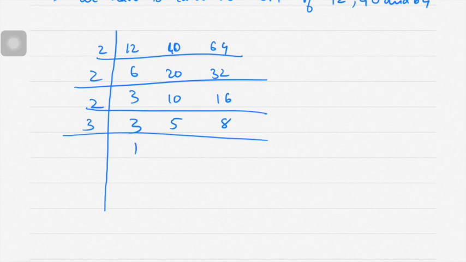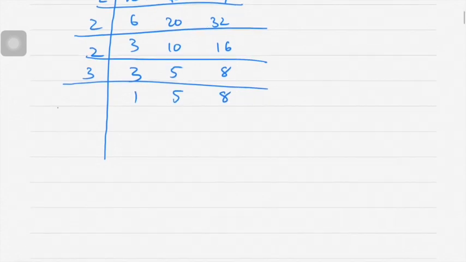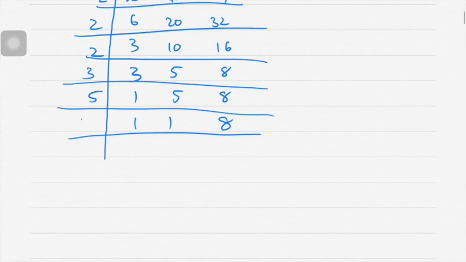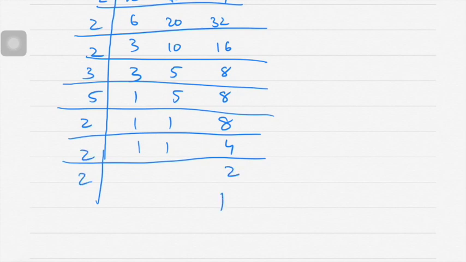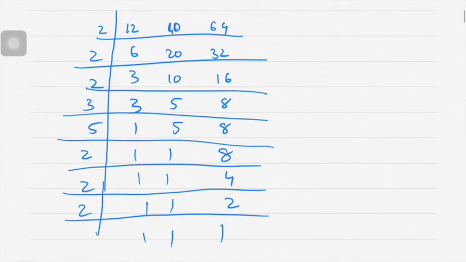Okay. 3 1s are 3. I'll write 5 and 8 as it is. 5 1s are 5. I'll write 8 as it is. Then 2 4s are 8. 2 2s are 4 and 2 1s are 2.